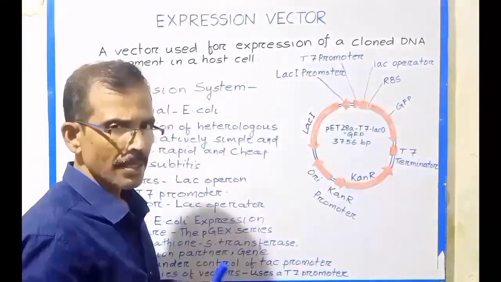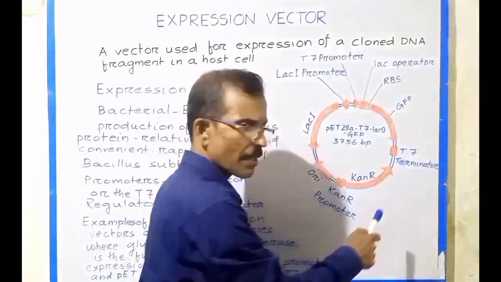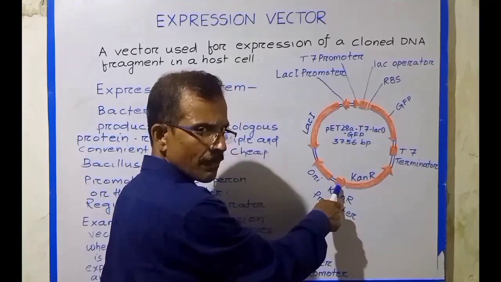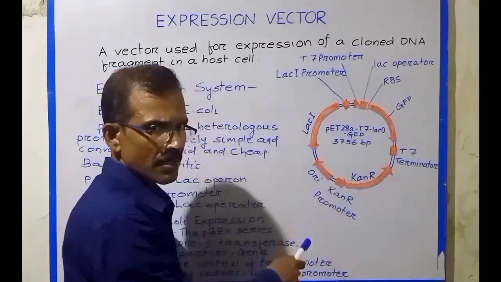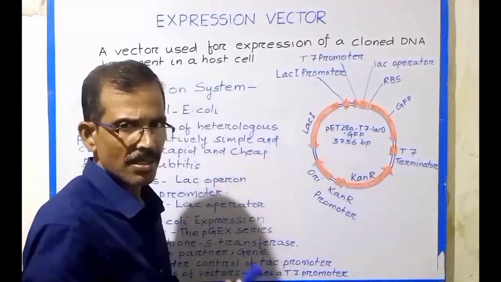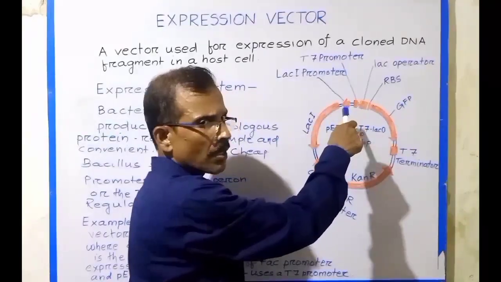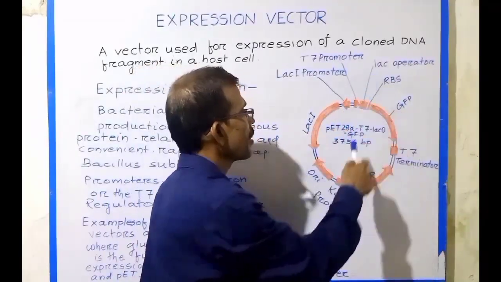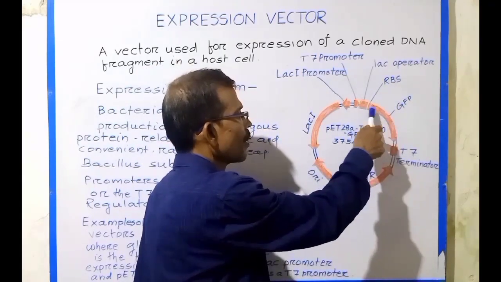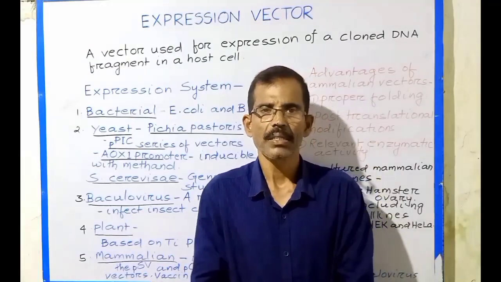The important elements that are present in this vector are a T7 terminator, a kanamycin resistance gene and its promoter, an origin of replication, and the lacI gene and its promoter. In addition, this vector also contains a T7 promoter, a lac operator, a ribosomal binding site, and the gene for green fluorescent protein.